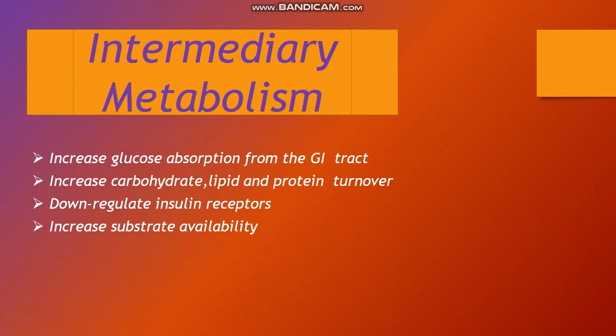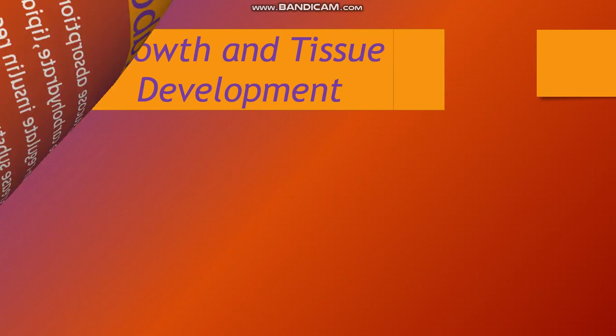Intermediary metabolism: increased glucose absorption from the gastrointestinal tract, increased carbohydrate, lipid and protein turnover, downregulate insulin receptors, increase substrate availability.